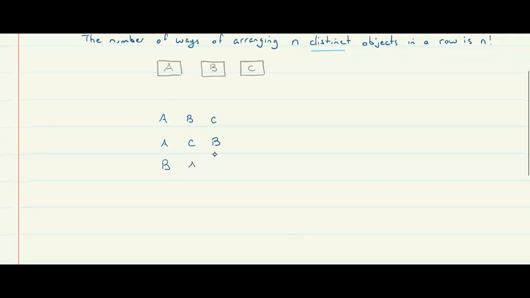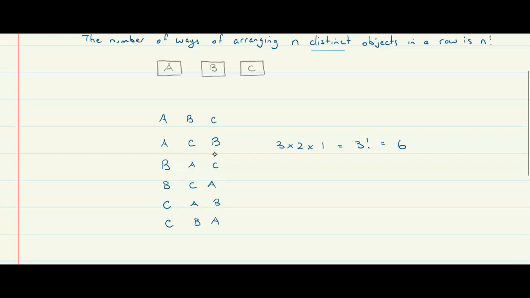Then we could have BAC, and we could have BCA. For every starting letter, we get two options, and then we're just left with the one on the end. So it's 3 factorial, and 3 factorial is 6, and we've got, count them out, 1, 2, 3, 4, 5, 6. So everything's adding up.